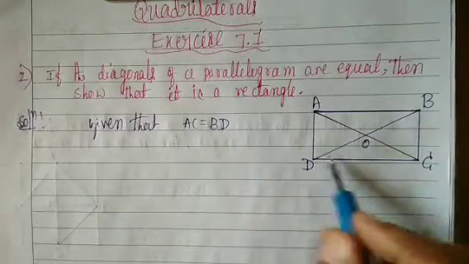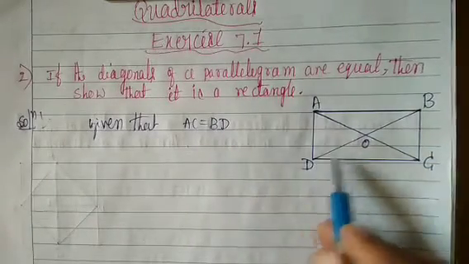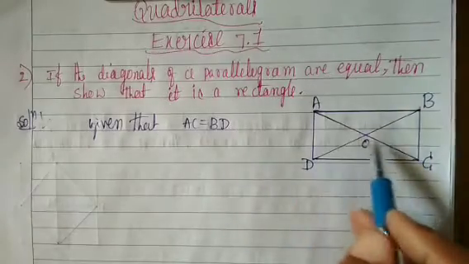Dear students, look at the figure. AC is equal to BD. What is this? These are the diagonals.